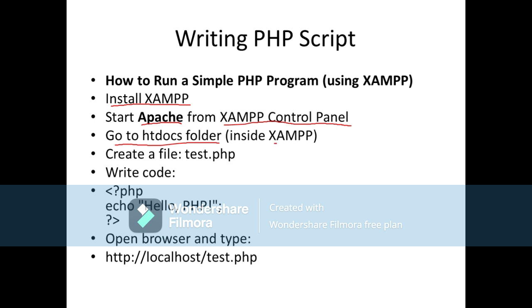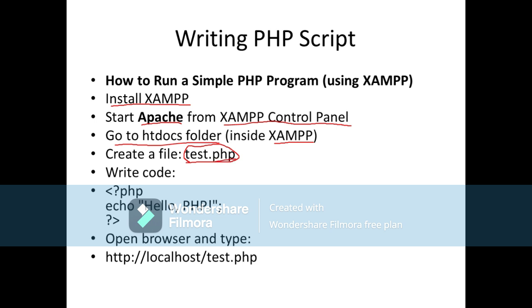It is inside the XAMPP folder. So first we open the XAMPP control panel and start Apache. Then we go to the htdocs folder inside the XAMPP folder, and we can create any file with the extension .php.